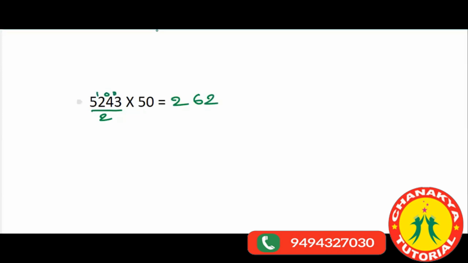Now it is 3, remainder 1. The final remainder is 1. What to do? Last two digits would be 50. So this is the answer.